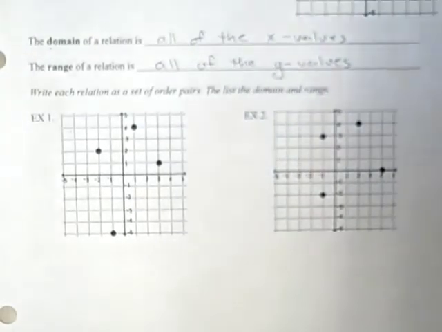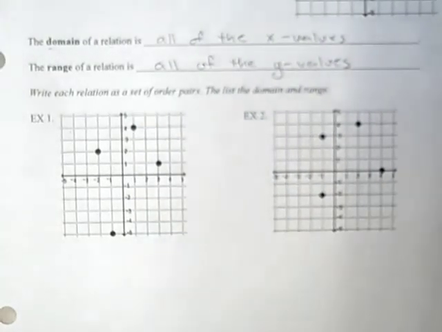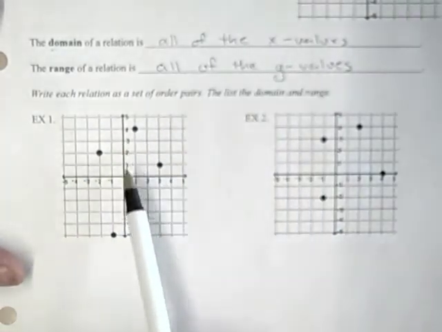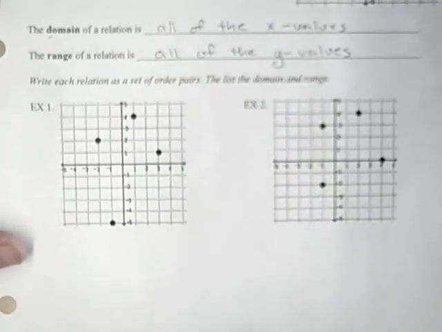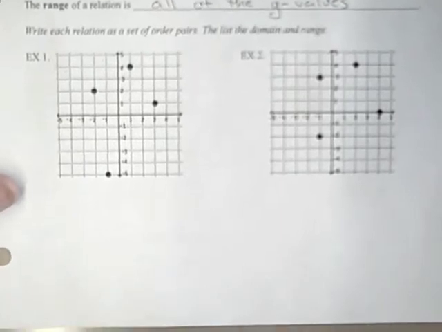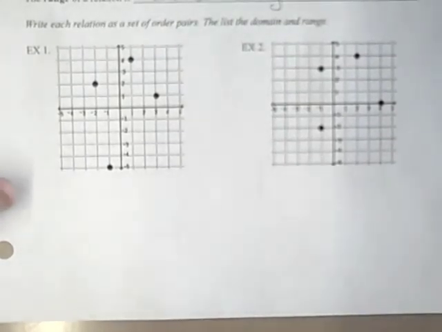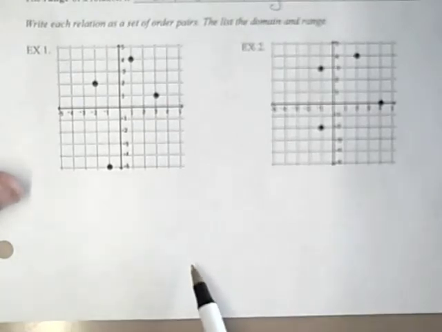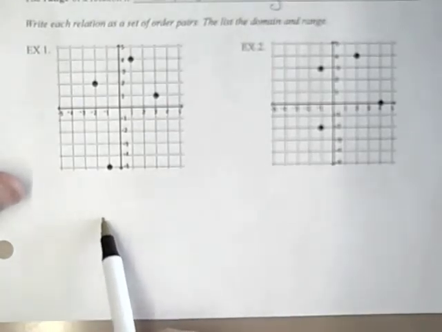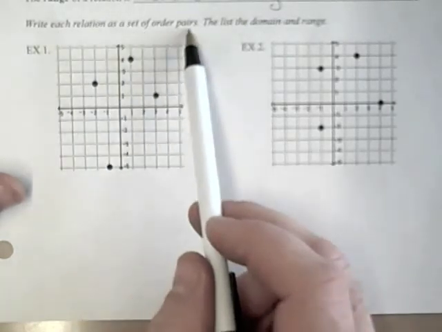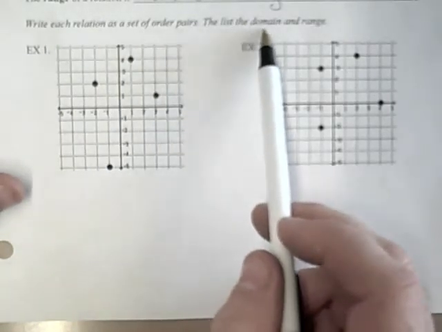It's basically a fancy way of saying x and y. If I'm given a relation, in this instance displayed as a set of points on a graph, you can tell me the relation as a list of ordered pairs and the domain and the range.